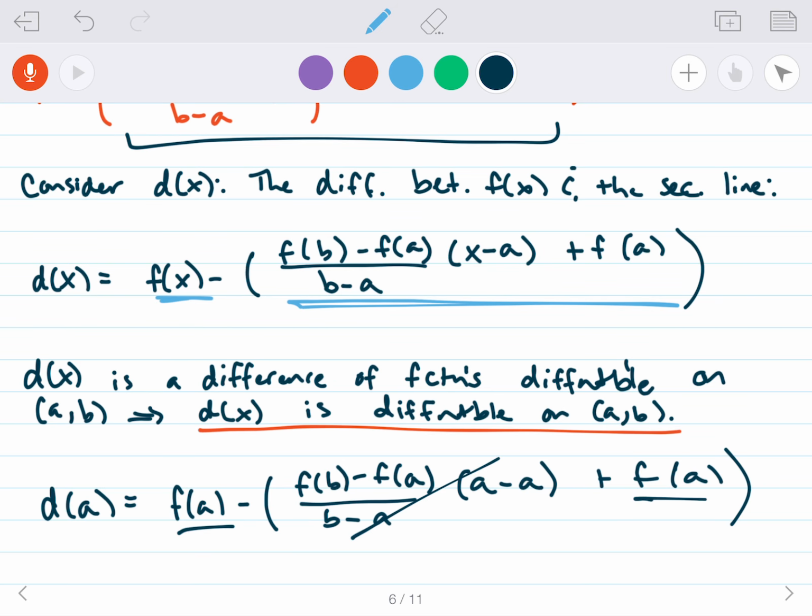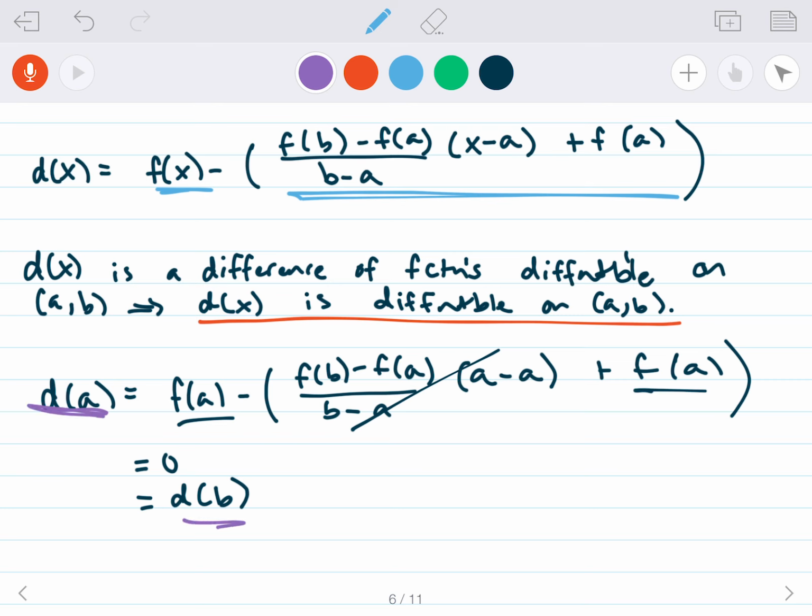You do the same thing when you plug in b in here. So this is going to be d of b. The little slick trick is that we can now apply Rolle's theorem. Because we have that d of x is differentiable on (a, b), and we have that d of a equals d of b, by Rolle's theorem, there's some c in the open interval so that d prime of c equals 0.